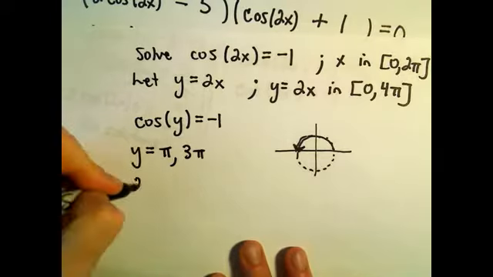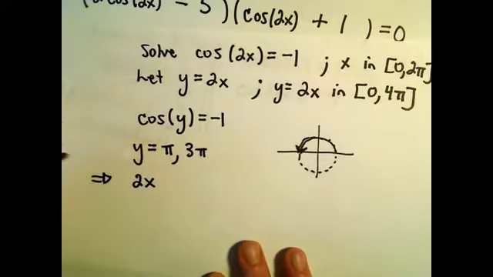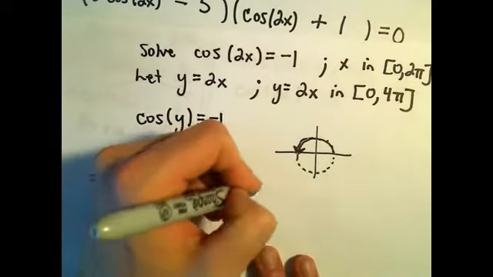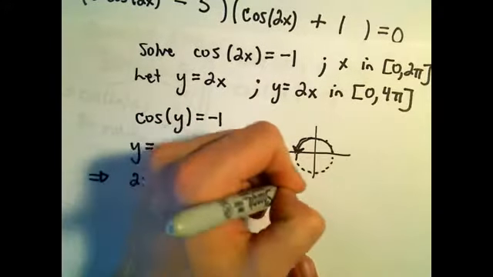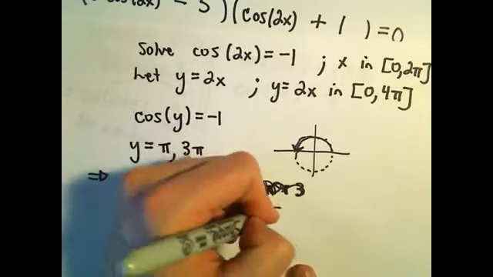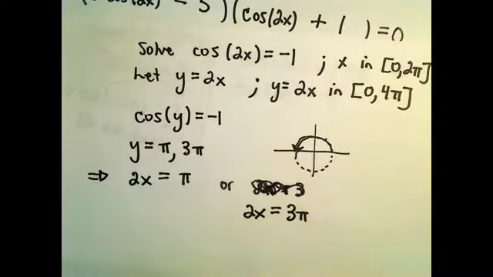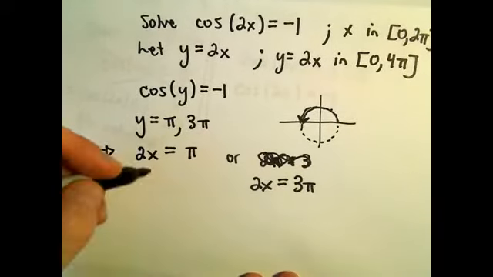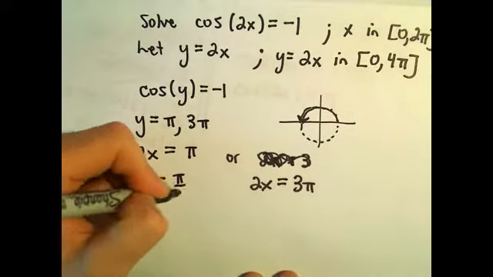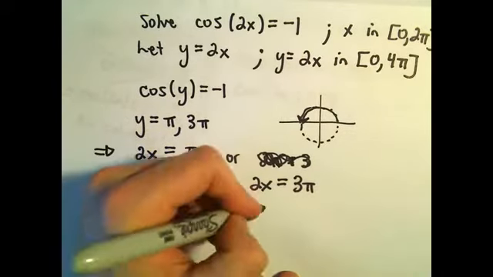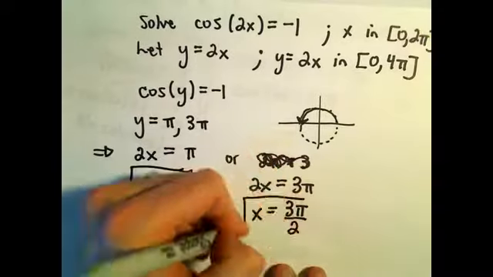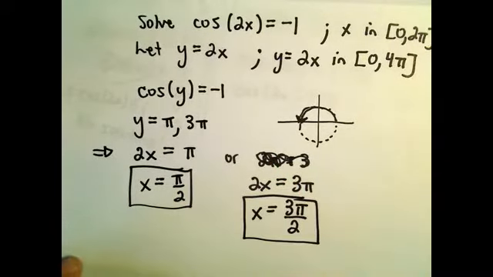But y was the same thing we said as 2x. So either 2x has to equal pi, or 2x is going to have to equal 3 pi. Each one of these is easy to solve. Just divide by 2. We'll get x equals pi over 2 as a solution to the first one. We'll get x equals 3 pi over 2 for our second equation.